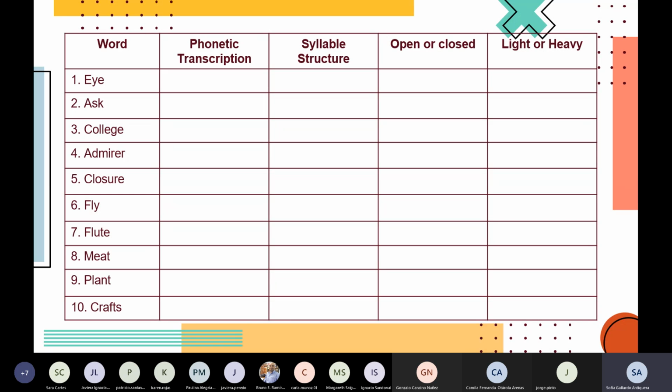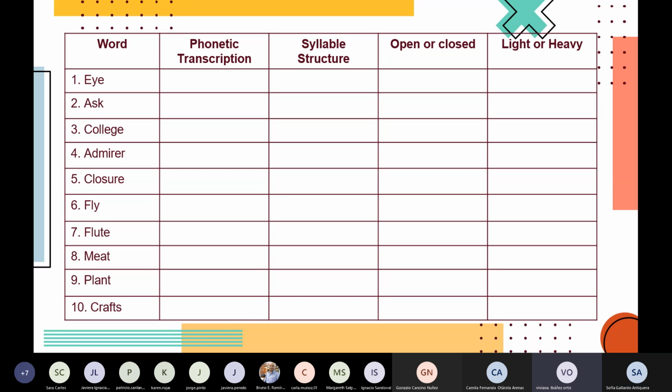Number 5, please, Paulina, alegría. Is Paulina there? Okay. We can ask someone else. Maybe Viviana Ibañez. Is Viviana there?